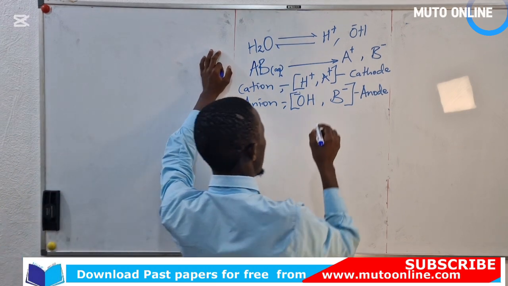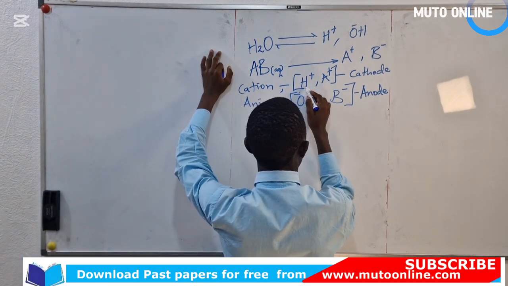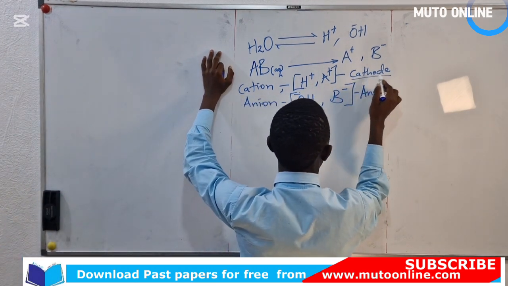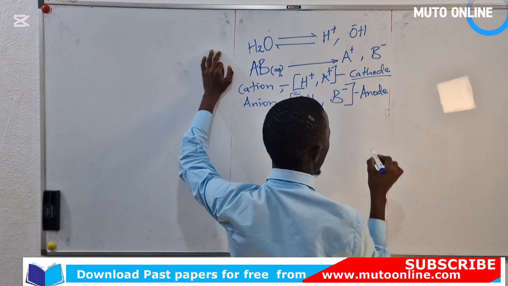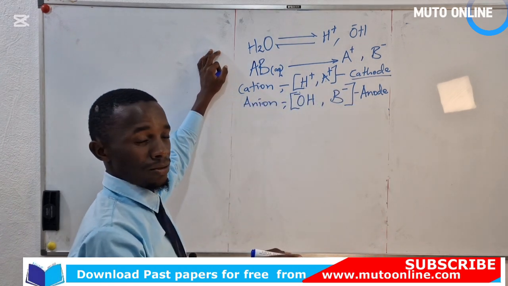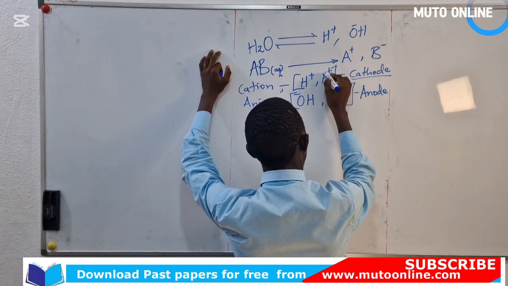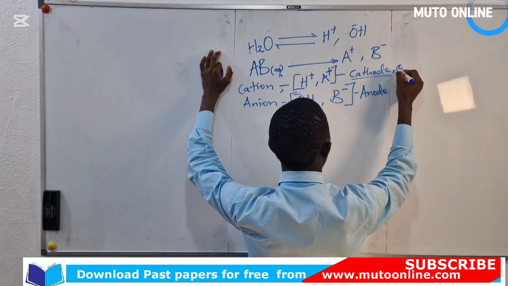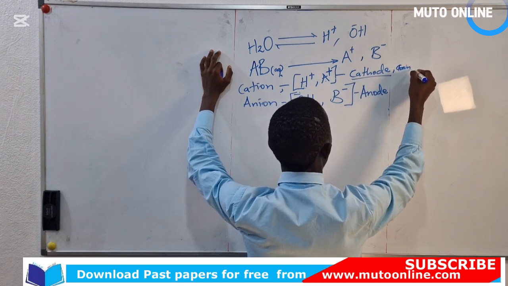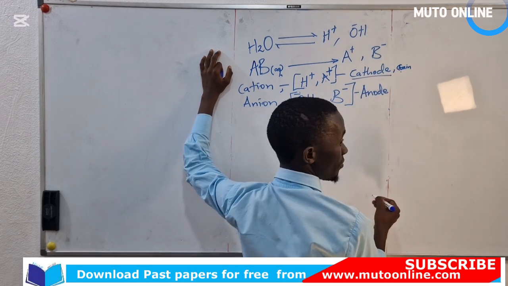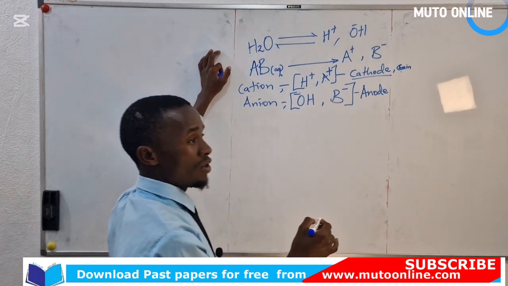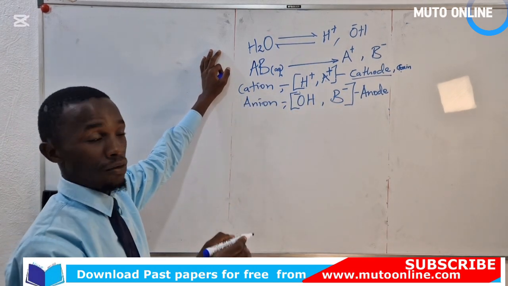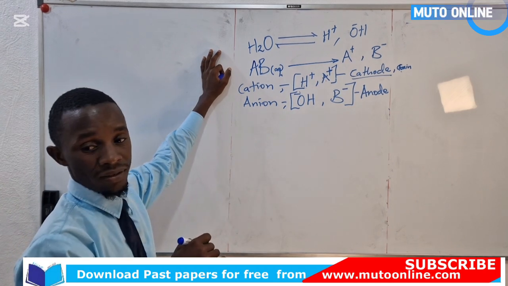It means that one of these two cations, once at the cathode, will be discharged, not both. And being positively charged ions, they will be discharged by gaining of electrons to form the respective atom or molecule of the respective element.